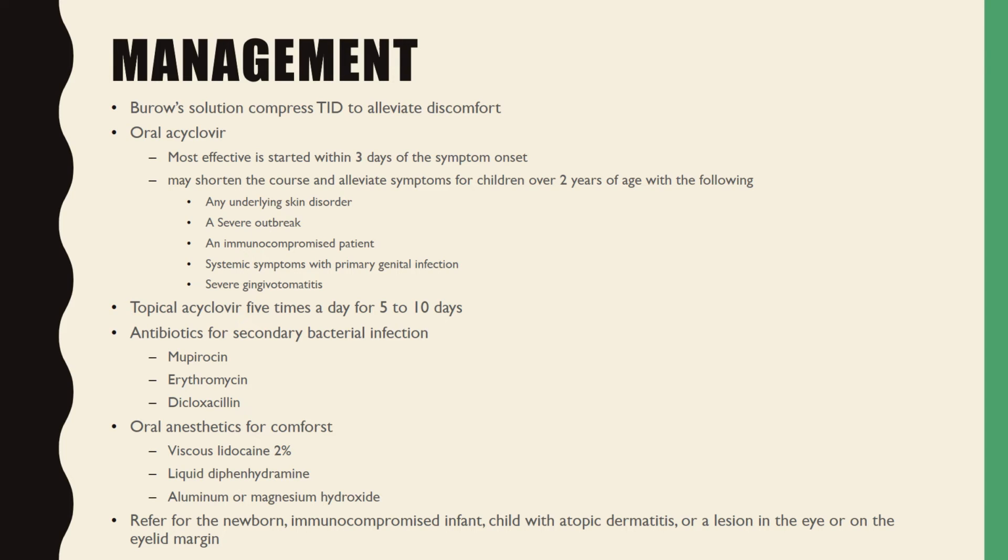It's a 1-to-1-to-1 ratio. You just mix the 3. If the child's older, they can swish and spit. Or if they're younger, you can put it on a Q-tip and rub it on the lesions, and it can help a lot. Some physicians use this without the viscous lidocaine, so it's just the diphenhydramine and the magnesium hydroxide. That also works, it just doesn't have as much of a numbing effect.